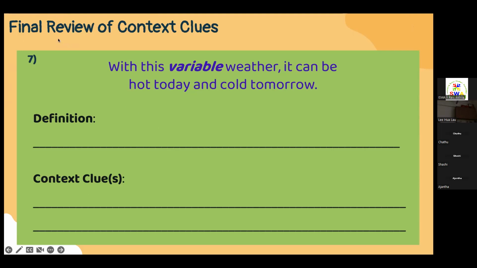So variable means not confirm. Okay. So I'll just read it. So with this variable weather, it can be hot today and cold tomorrow.